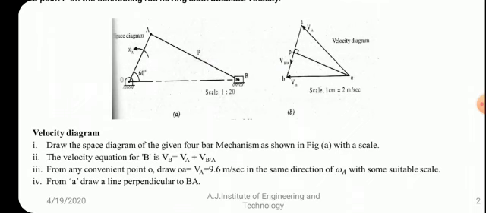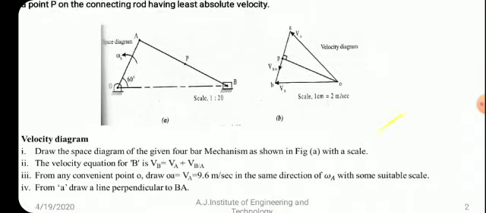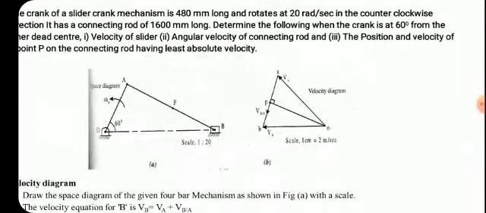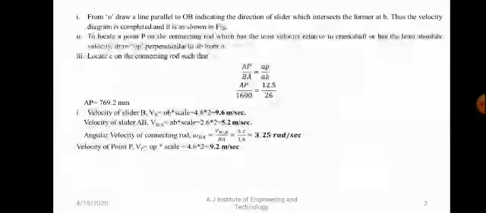This point will have the least absolute velocity. How to locate the point P is also important. To locate the point P on the connecting rod which has the least absolute velocity, draw OP perpendicular to AB from O.